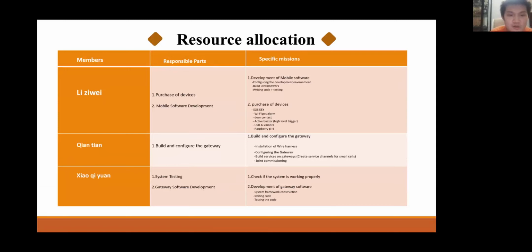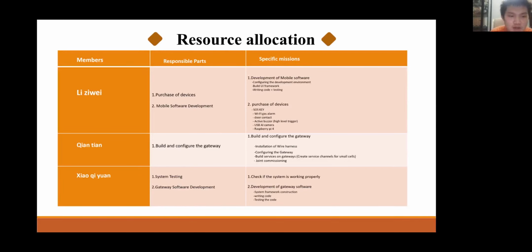And also, he is responsible for the purchase of devices, which include the SOS key, Wi-Fi gas alarm, door contact, active buzzer, which is high level trigger, USB AI camera, and Raspberry Pi 4.